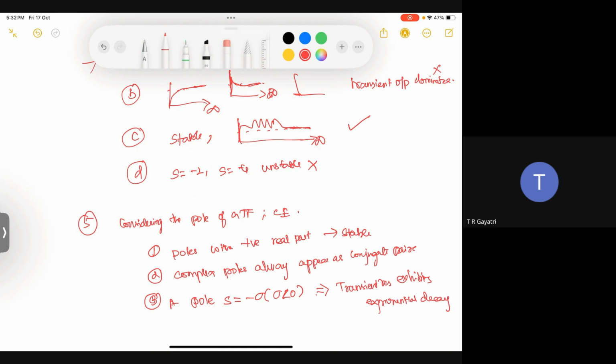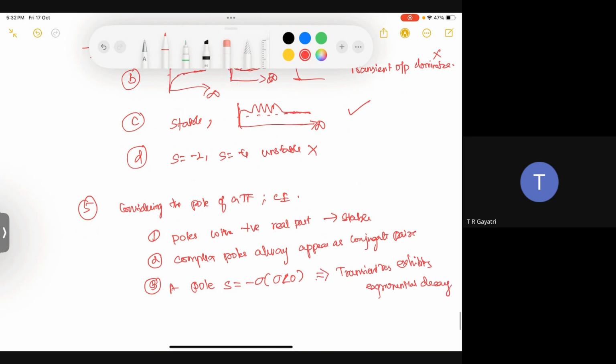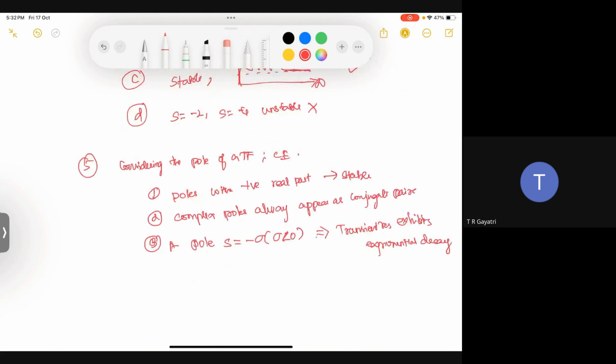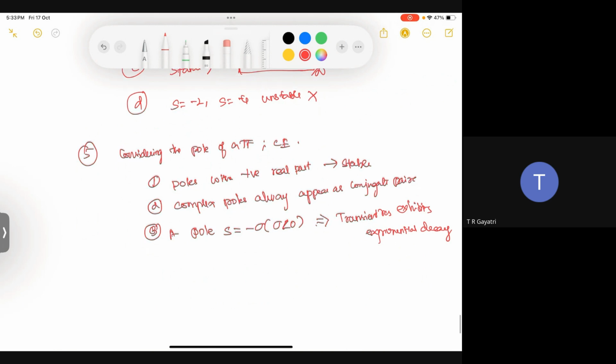Out of this, which option is very obvious? Complex poles always appear in conjugate pairs, a statement we know already.